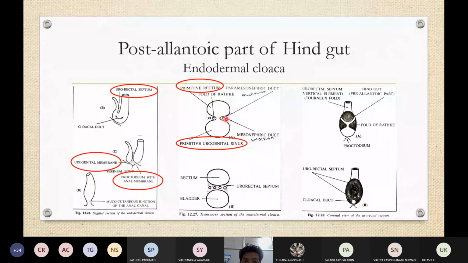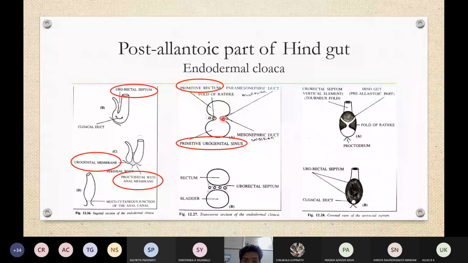In this way, the fold of Rathke has given an area for this, and in the same way, this will be completely closed.